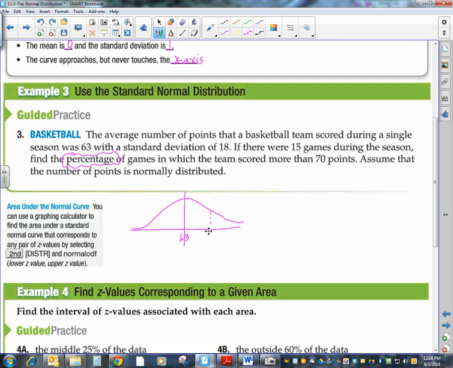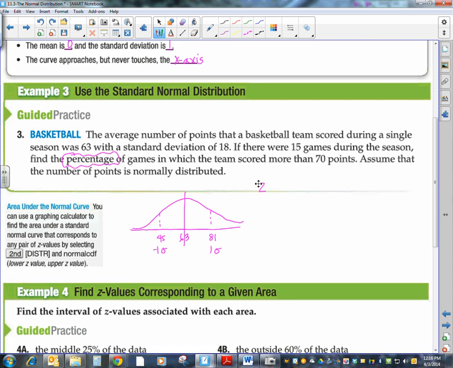So 63 plus 15 is 81. 63 minus 15 is 45. So they're asking me what percent of the games that they score more than 70 points. So 70 is somewhere in here, okay? And of course that means I got to get a z value for that to find out how many standard deviations, because we know this is one standard deviation in both directions, okay?